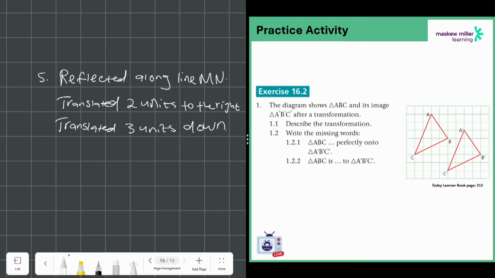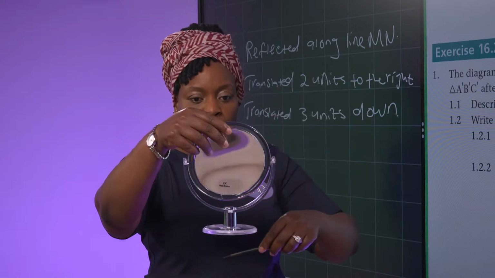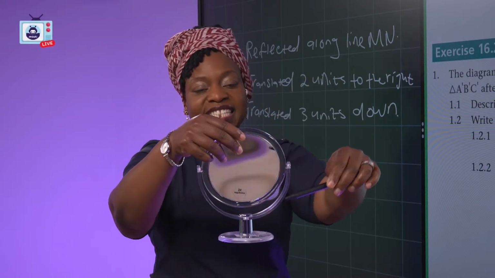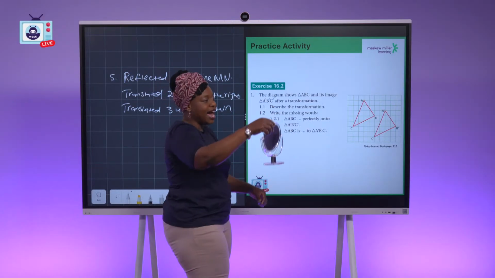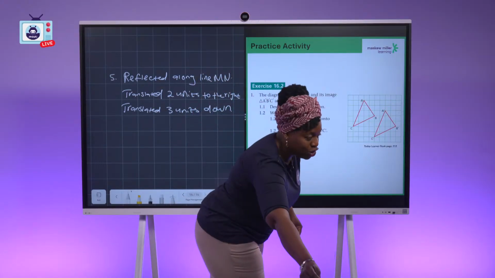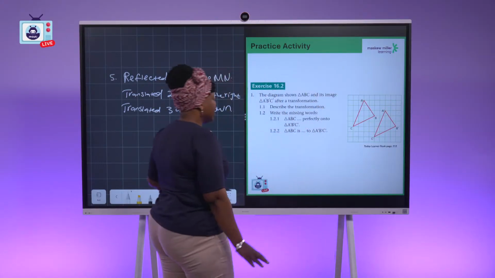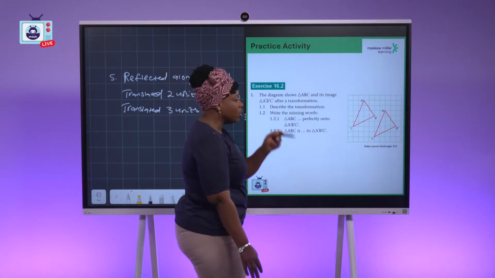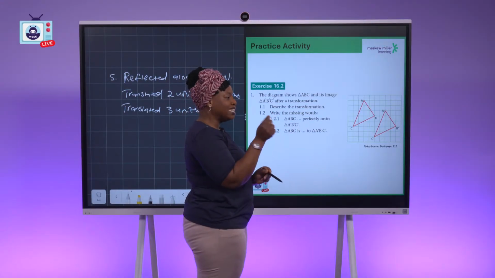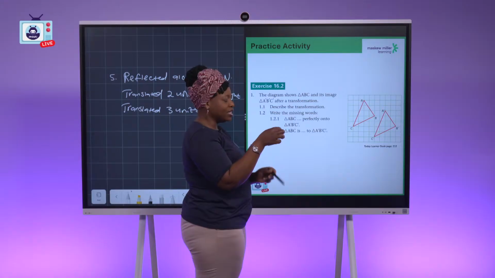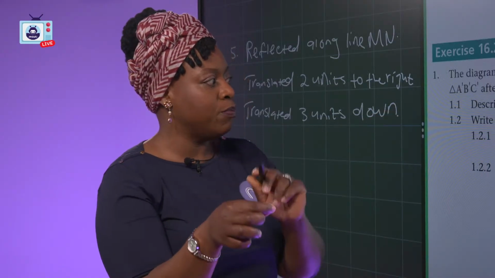Then we have reflection, where we used the mirror to show how reflection works between yourself and the person inside the mirror, with a mirror line that we use to measure the reflection. And then we have rotation, which goes around, but one point does not move. That one point remains, but the rest of the shape can move.